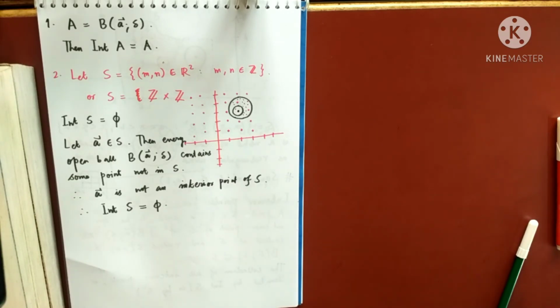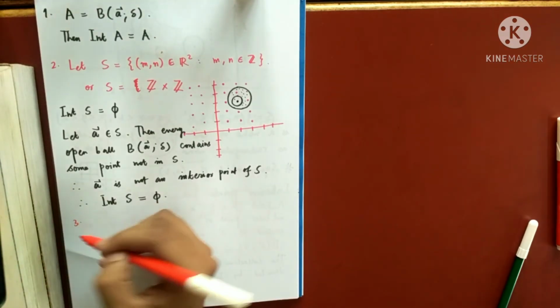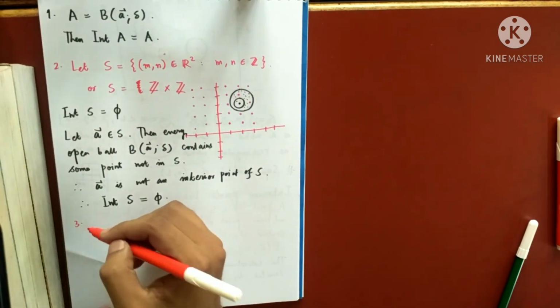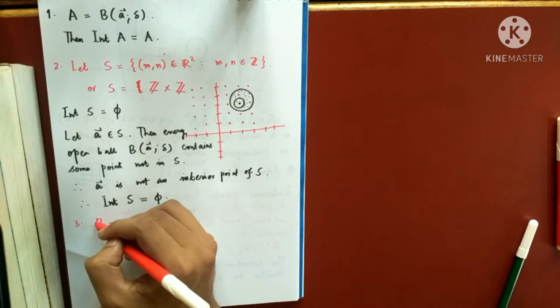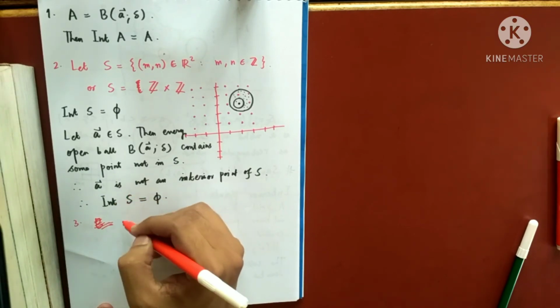I'll just give you the last two examples, as homework. So number 3, just try to find the interiors of these two sets. Suppose I'm using the set P for that.